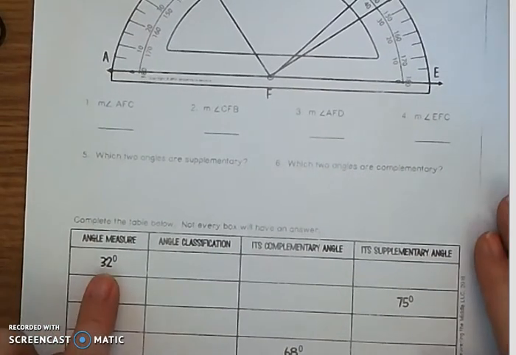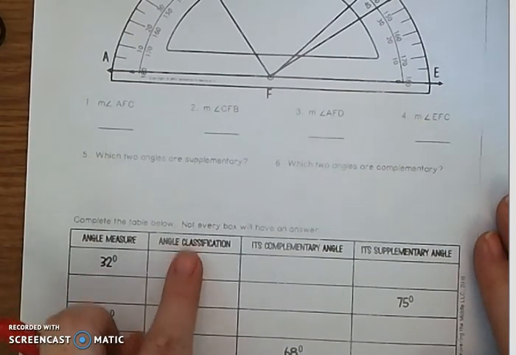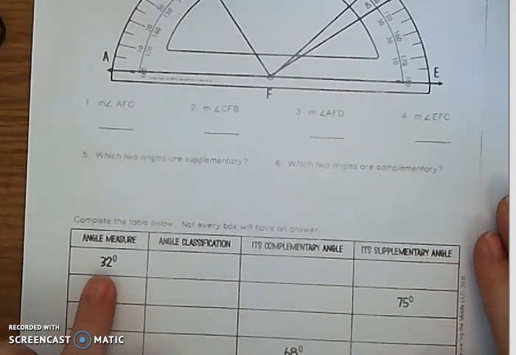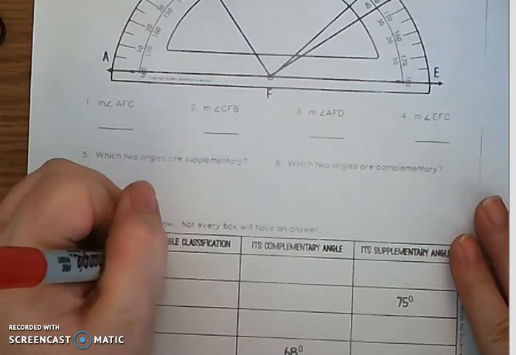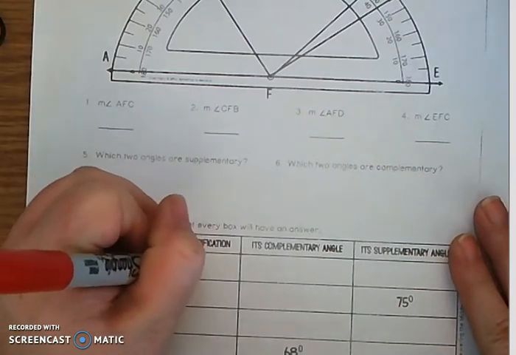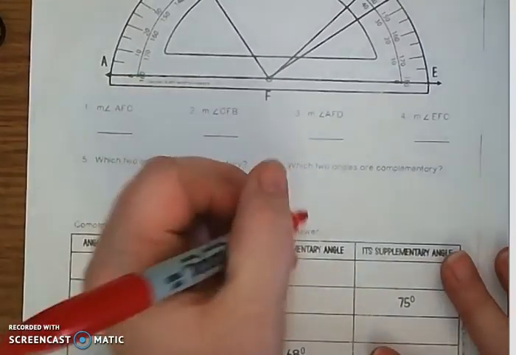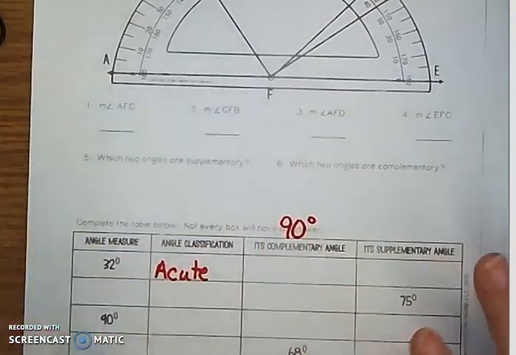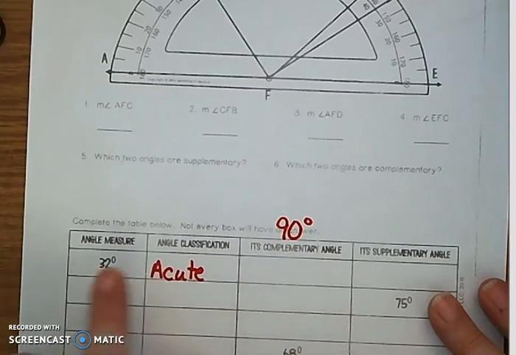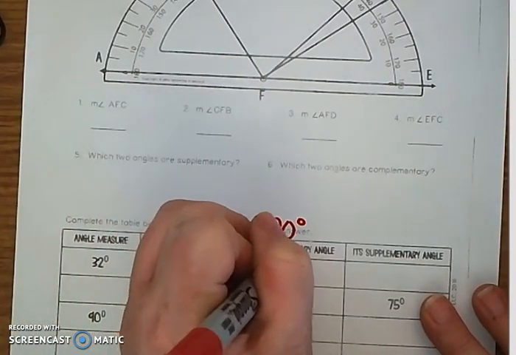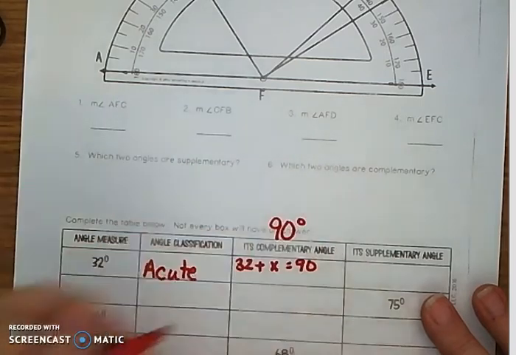It gives you an angle measure of 32. So the angle classification is acute, obtuse, right, or straight. So what is 32 degrees? It's acute. So when it says what's its complement, complement is 90 degrees. So we want to know 32 plus x equals 90.